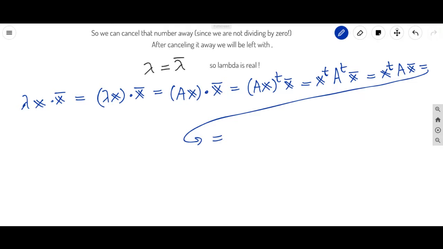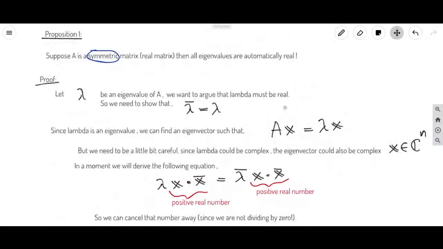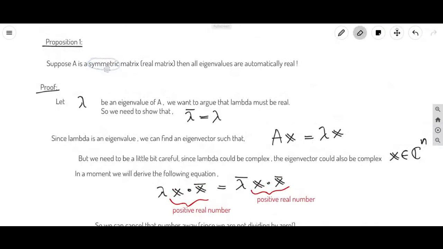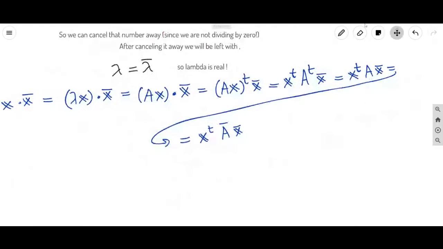You can write this as x transpose A conjugate x bar. Now the reason why you can just put the conjugate over A is because A is a real matrix, a matrix consisting of real numbers. So if you put a conjugate over every number in the matrix, you're not changing the matrix.